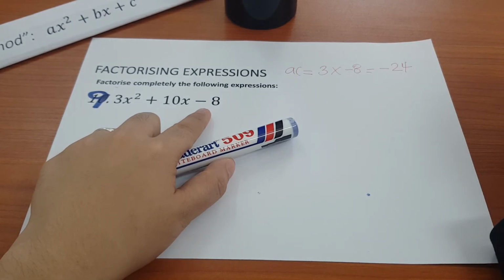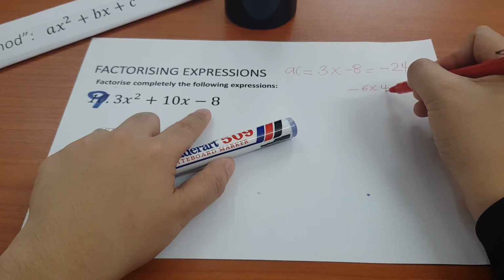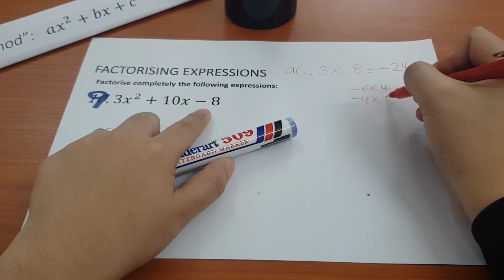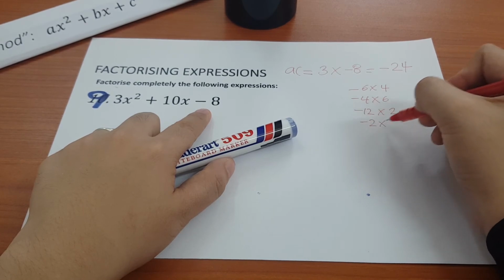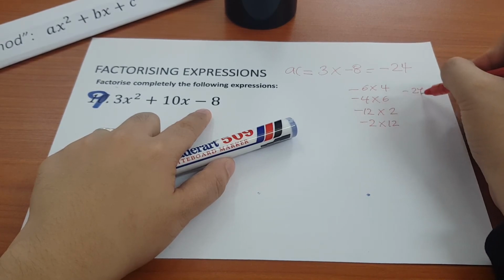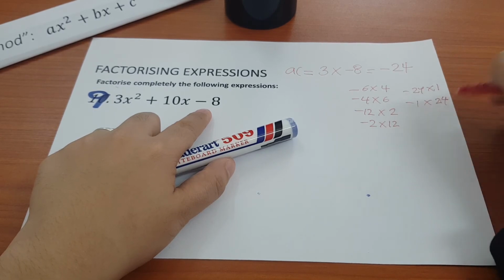Now, you have to take factors of minus 24. What are the factors of minus 24? We have minus 6 and 4, minus 4 and 6, minus 12 and 2, minus 2 and 12, minus 24 and 1, minus 1 and 24.